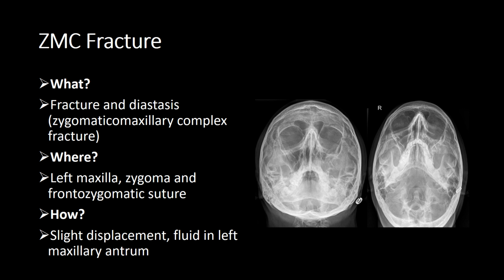So particularly with those joints, when we describe disruption, we refer to it as diastasis. So diastasis is when it separates, it moves apart. So we have a fracture and diastasis. So it's a zygomatico-maxillary complex fracture involving the left maxilla, zygoma, and frontozygomatic suture. How? Slight displacement, fluid in the left maxillary antrum.